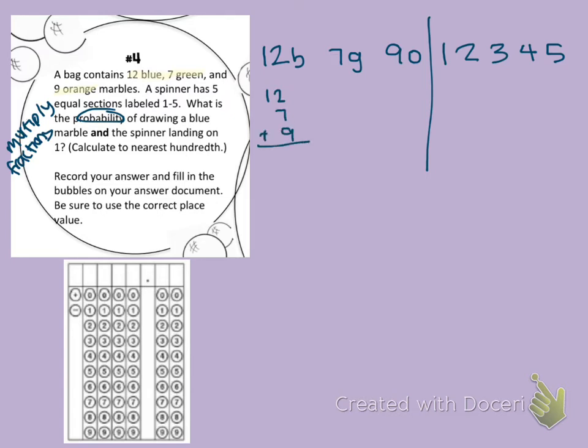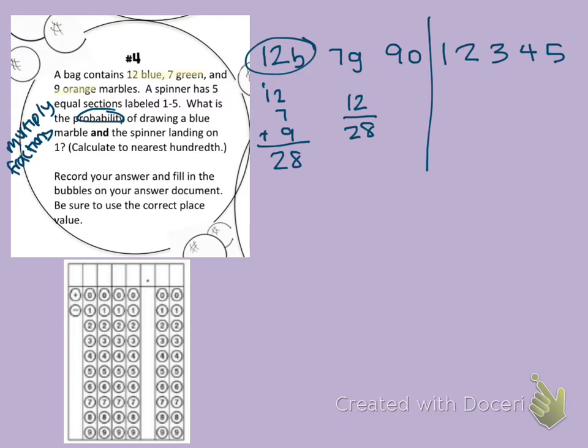So 9 plus 7 is 16, and 16 plus 2 is 18. And then a 2, so that's 28 total marbles. And then how many blue marbles are there? There are 12. So the probability is 12 out of 28, okay?